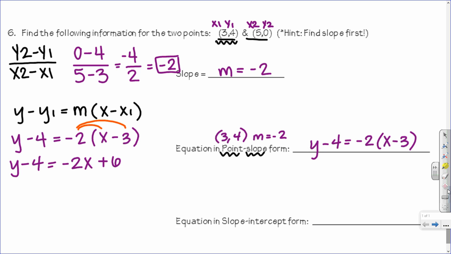All right, almost there. Let's add 4 to both sides. Okay, y equals negative 2x plus 10. And I'm just going to rewrite that on my line. Y equals negative 2x plus 10.